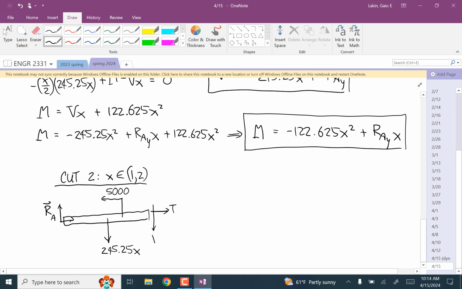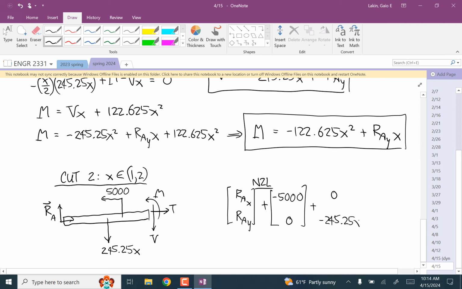And then T, V, and M. So Newton's second law says RAX, RAY plus negative 5,000, 0, plus 0, negative 245.25x plus T negative V is equal to zeros.